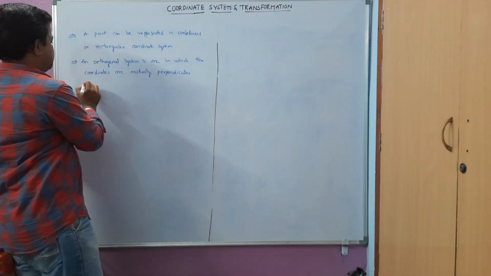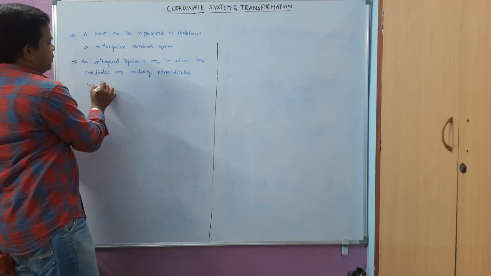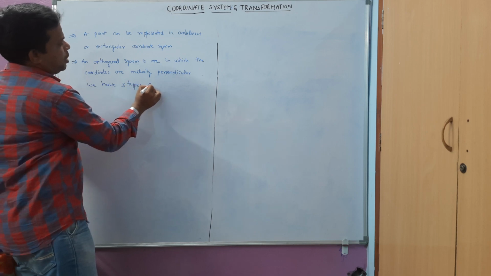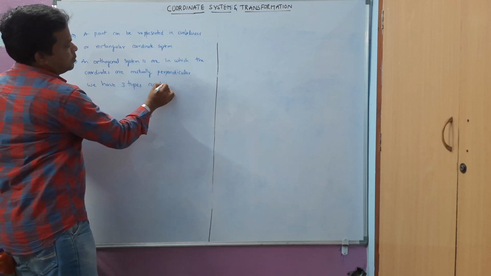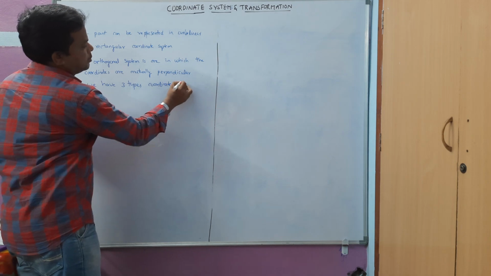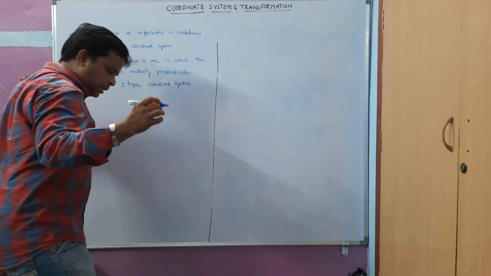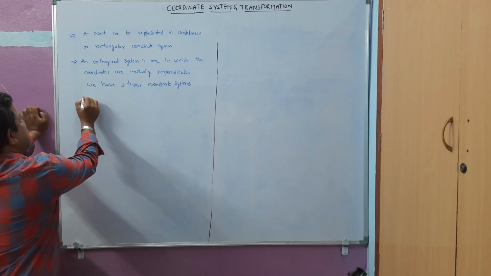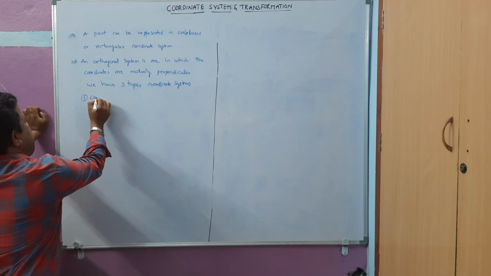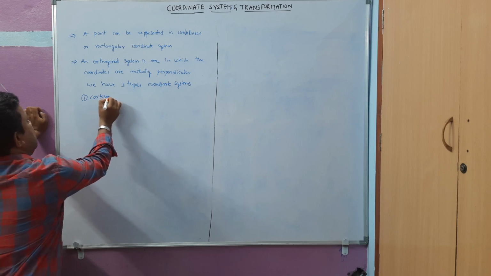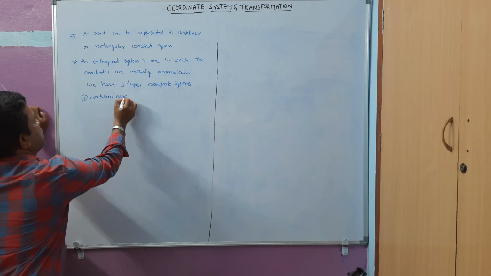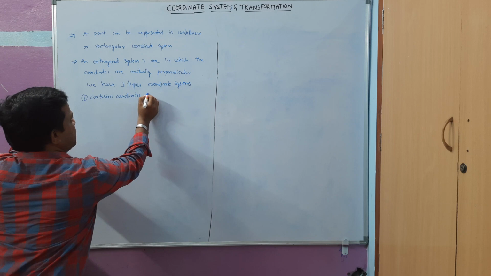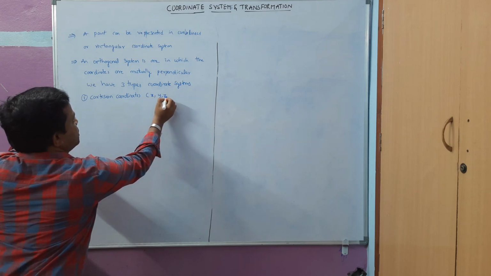We have three types of coordinate systems, which are the widely used ones. The first one is the Cartesian coordinate system, whose space variables are x, y, z.